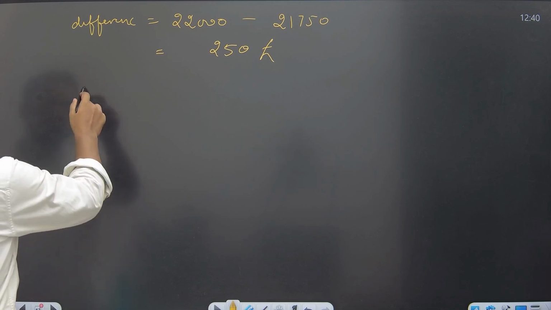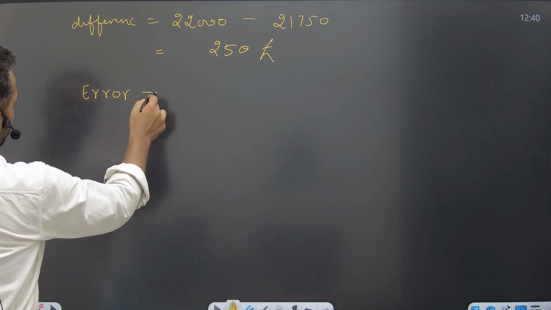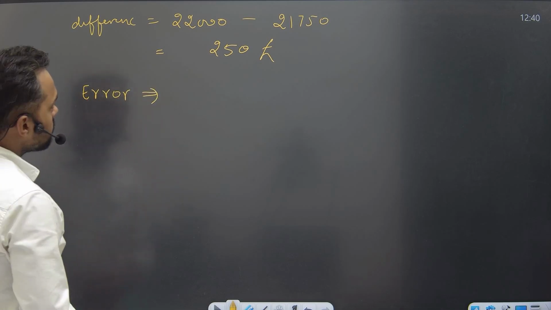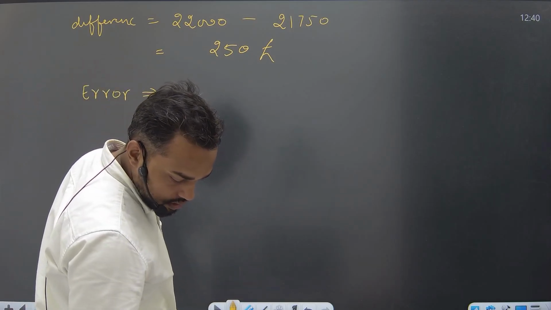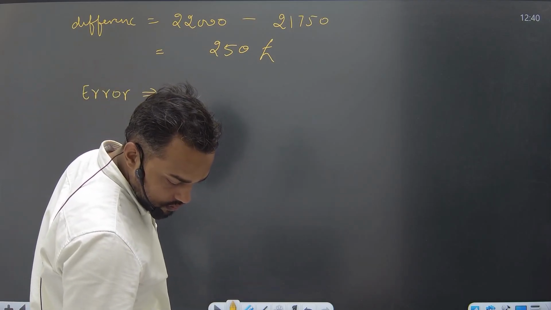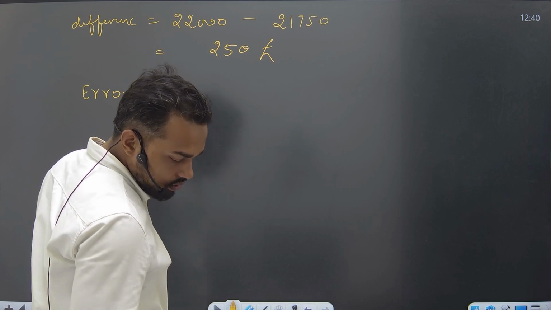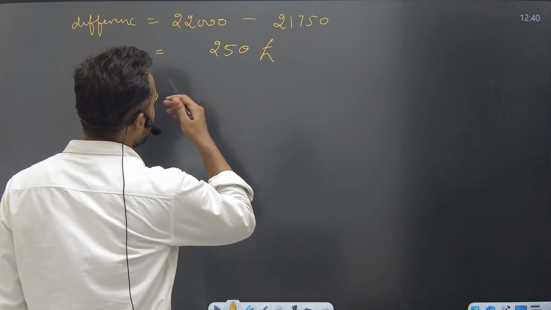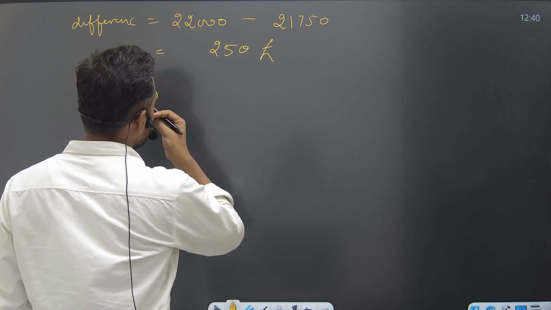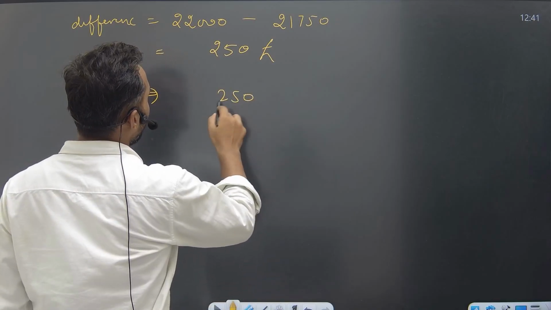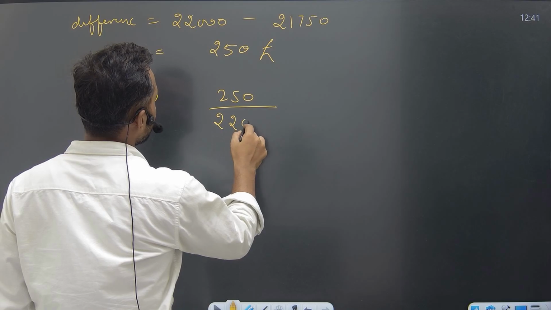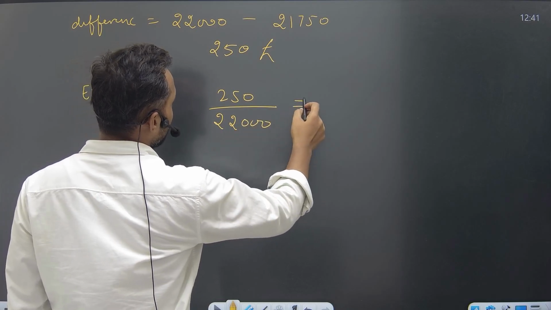So the error will be, wait a sec, 250 upon 22,000. So this is the error range, students.